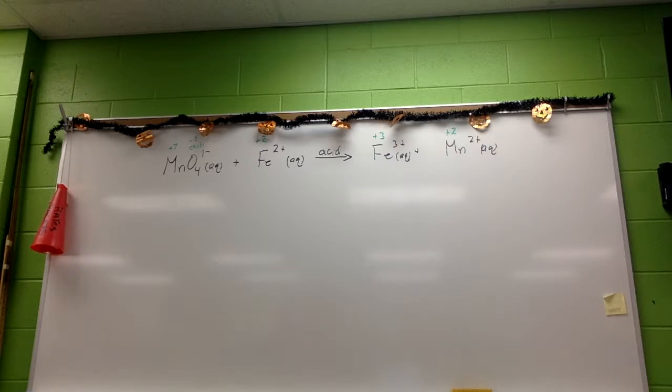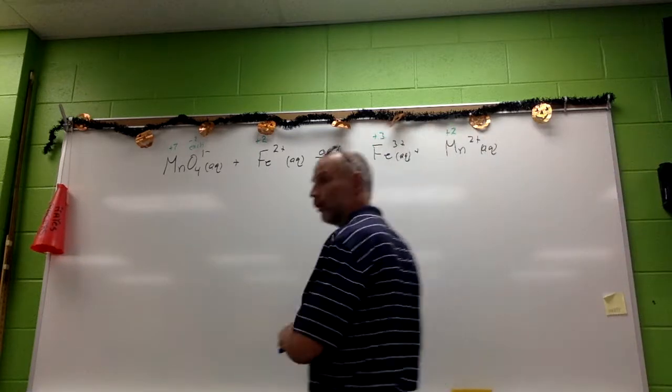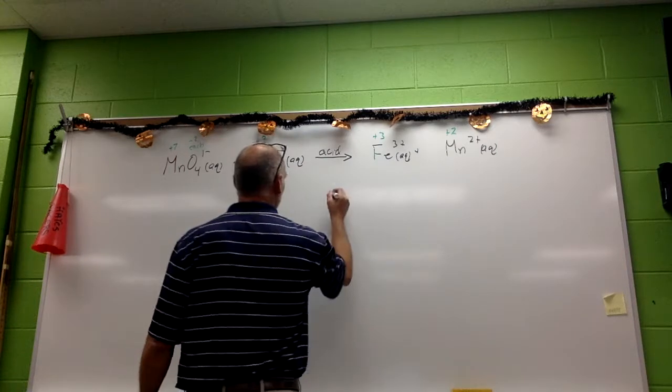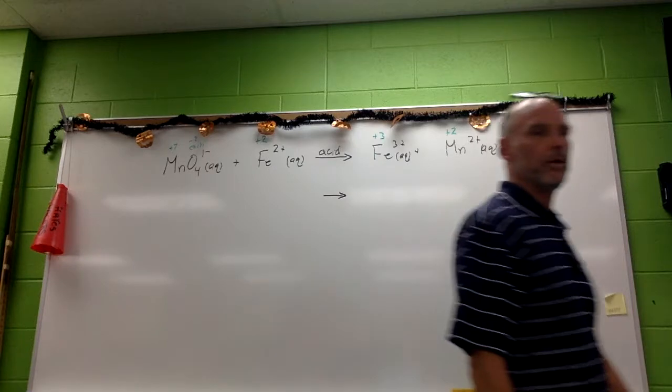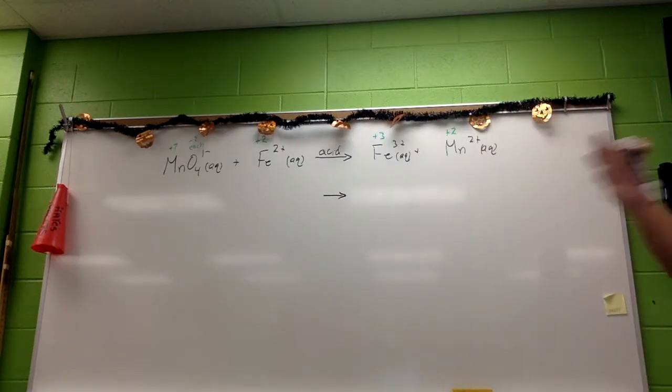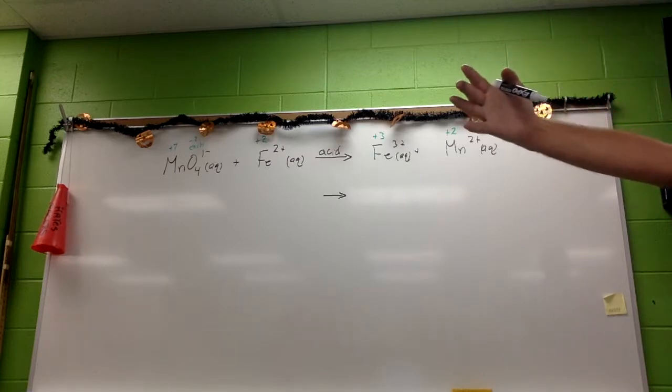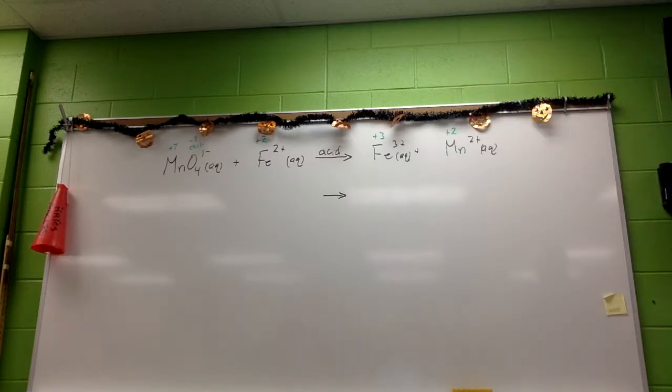The manganese reduced, right? So we are going to write the species that were involved in the reduction. Here's a hint to you. Put a line in the middle of your paper, middle width-wise. Because what we're going to do is grow the equation on each side of that line. So if you put it in the middle, you've got a chance of not running out of room.